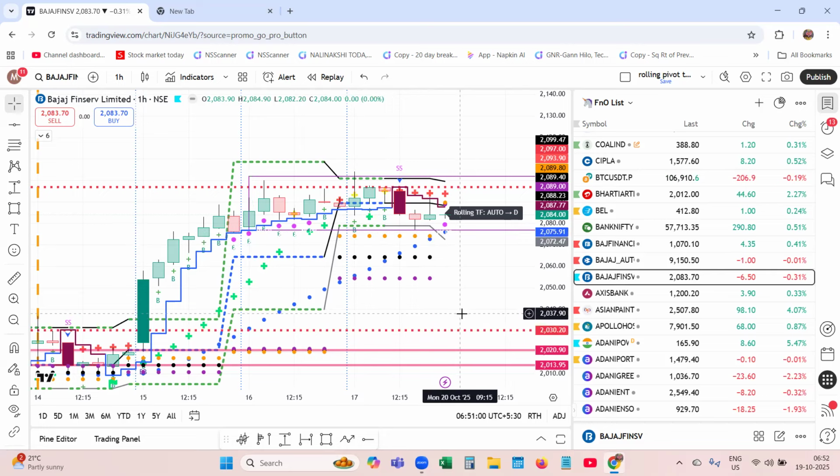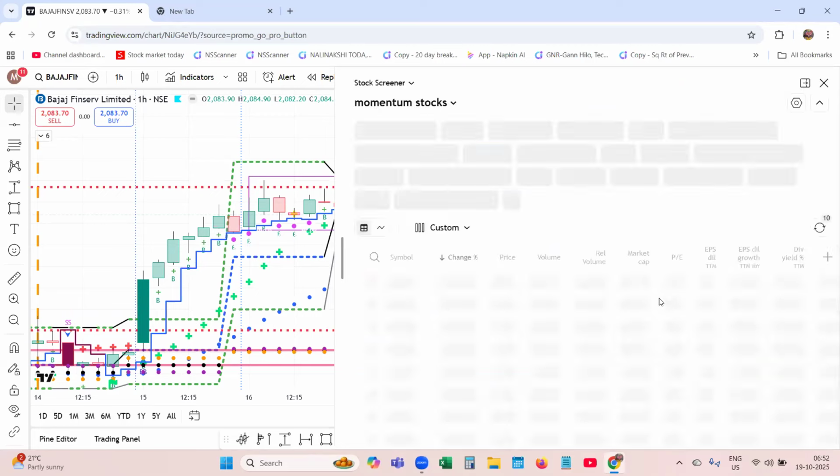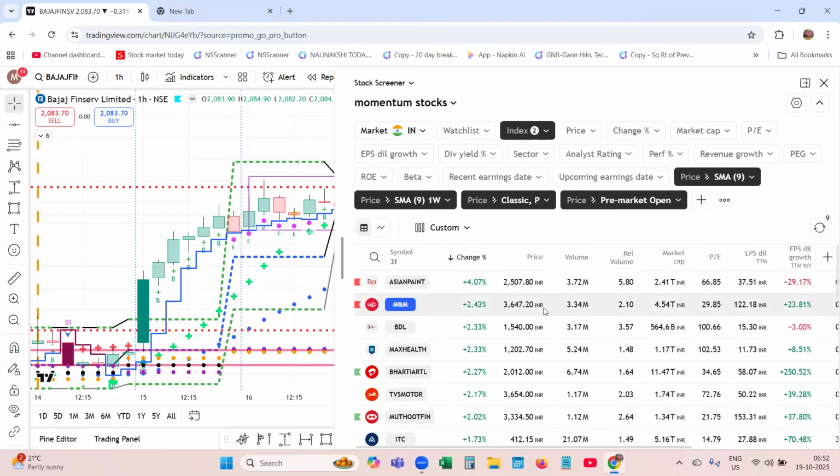These three combo indicators are very, very beneficial for your investment and as well as equity trade. I've shown you how to pick up stocks, even momentum stocks, and how to make the screener on the TradingView.